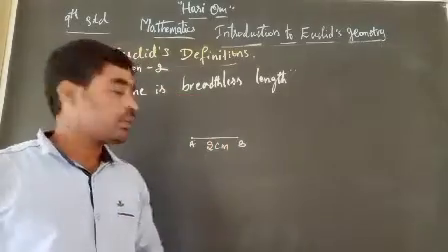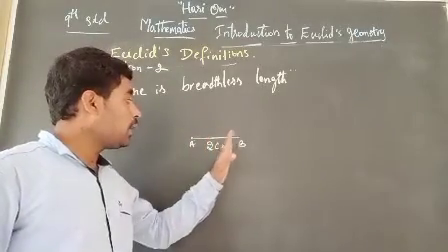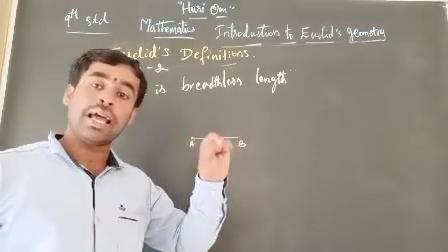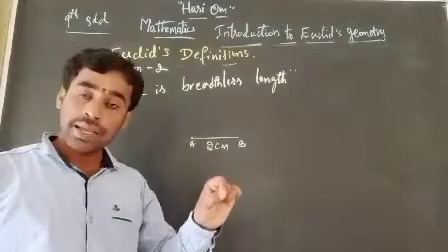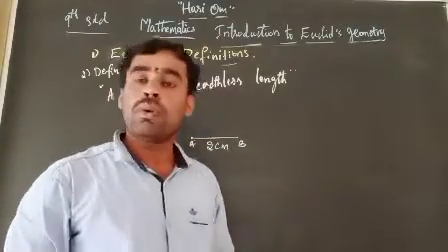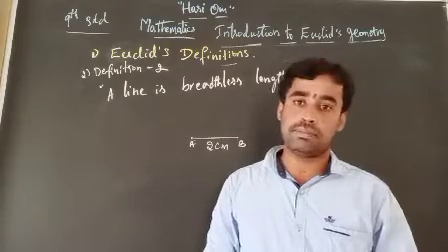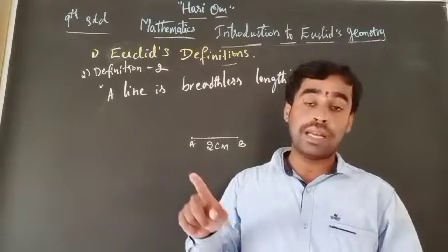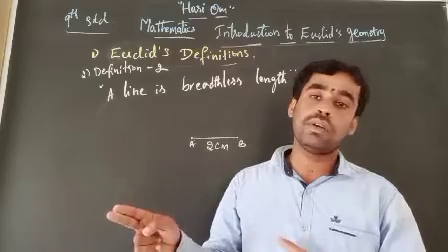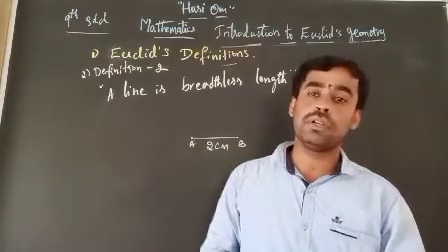So a line has a length, but it doesn't have breadth or height. Here a line has only one dimension, that is length.